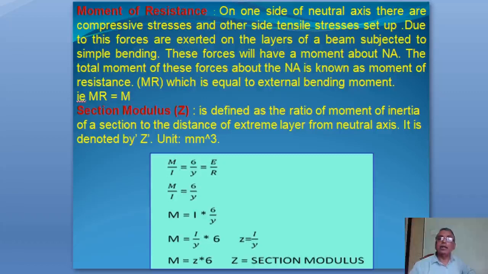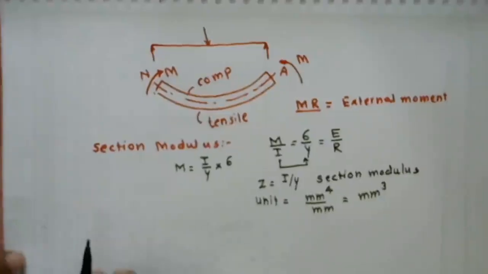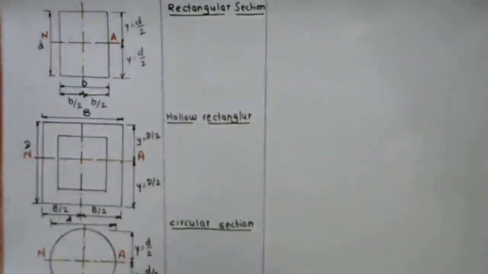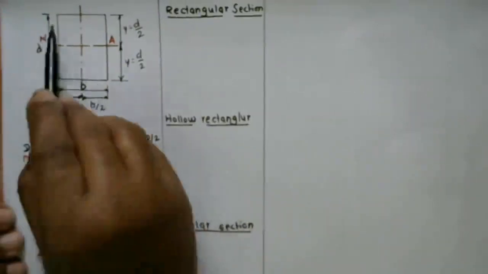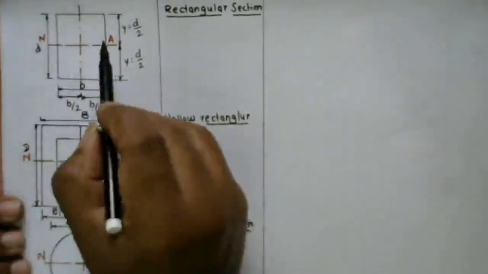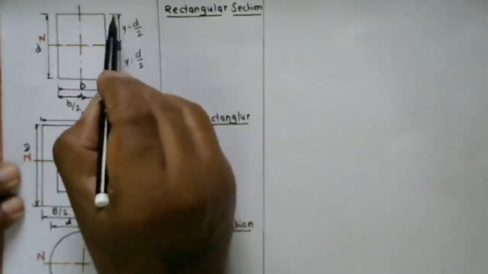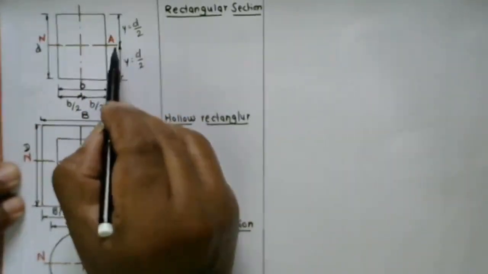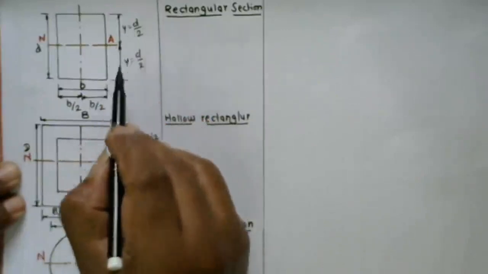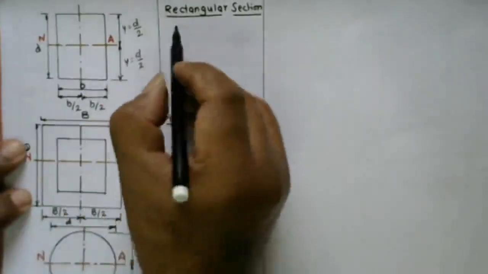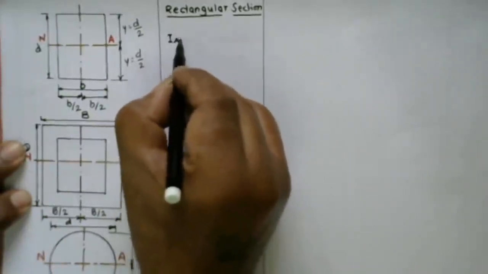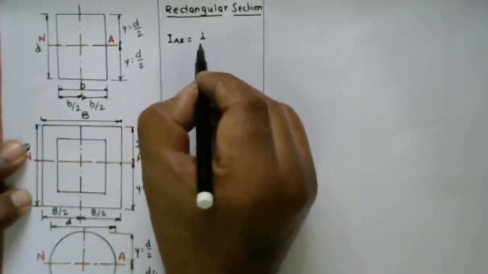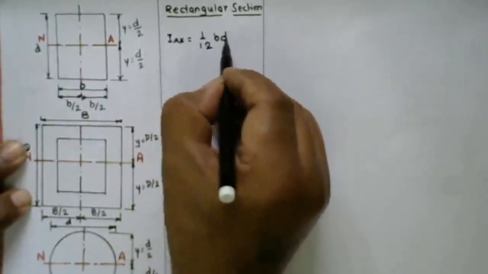Now let's see the section modulus of different sections. Let's see the first, the square or rectangular cross section, in which B is the width, D is the depth of that section, and Y is the distance of the extreme fiber from the neutral axis, that is Y is equal to D by 2. If we say the moment of inertia, Ixx is equal to 1/12 BD cube.